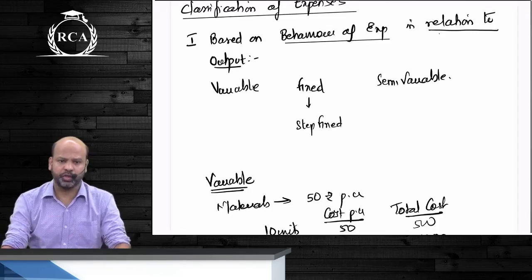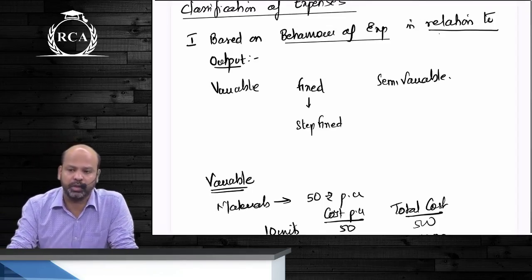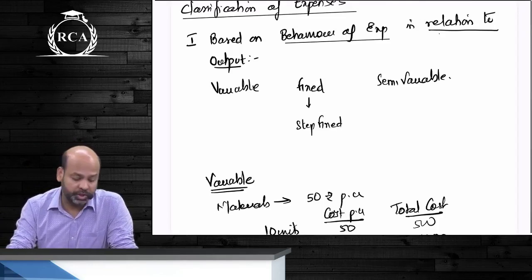The cost apportioned on a per unit basis will change with the change in output.